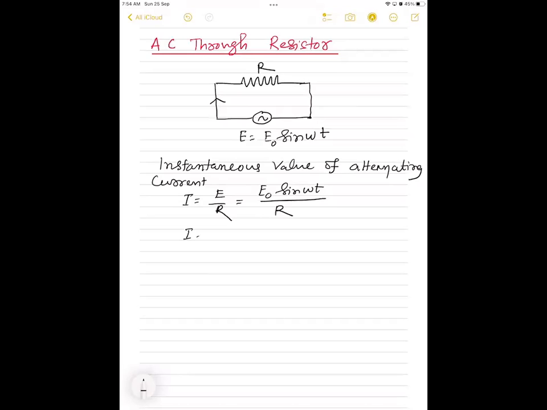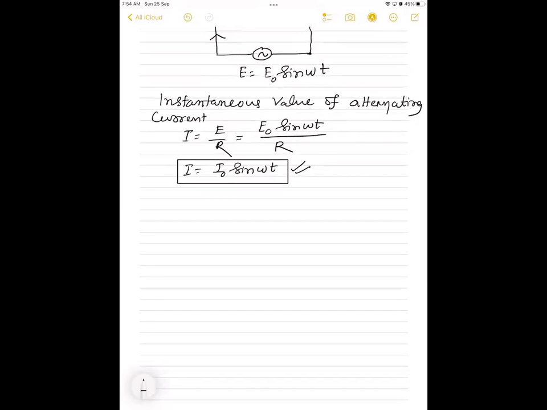So I becomes I naught sin omega t, correct? Then the peak value of current is nothing but I naught equal to E naught by R, right? Got it now?